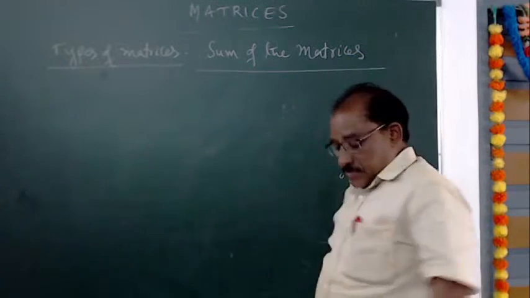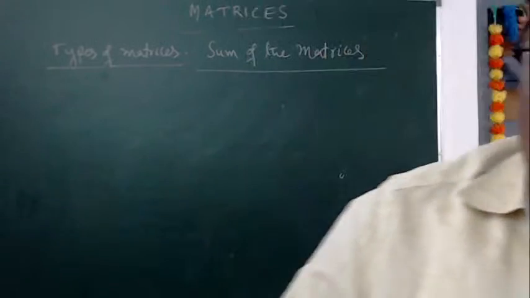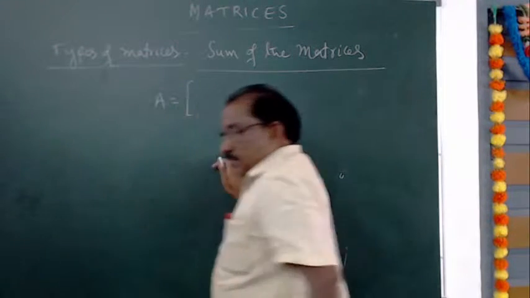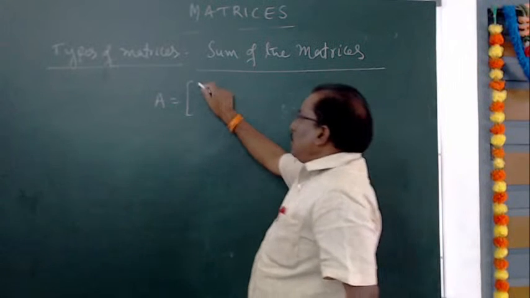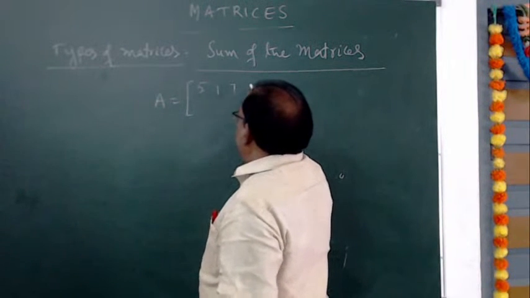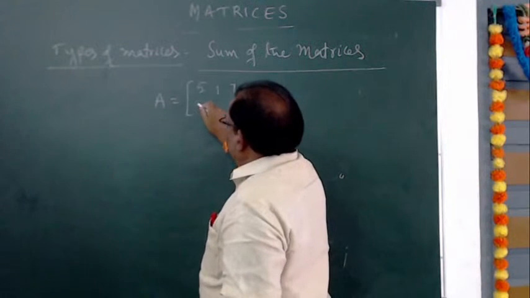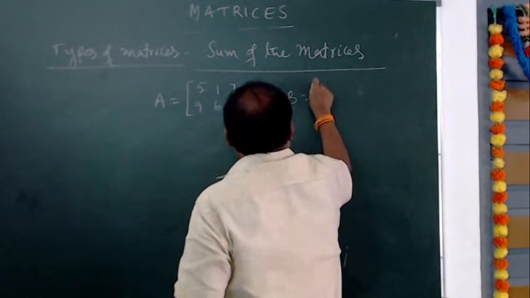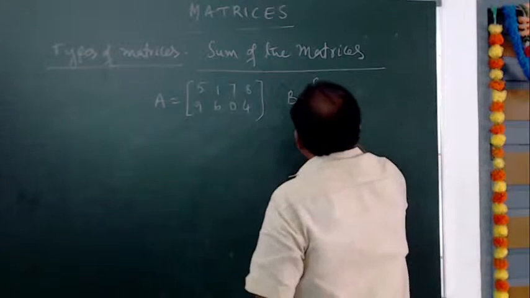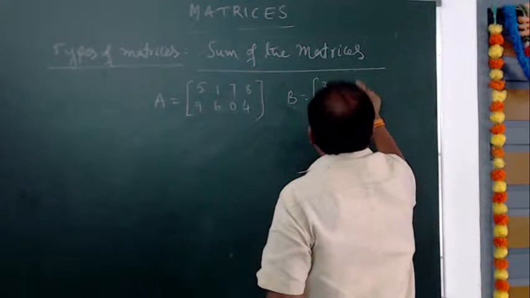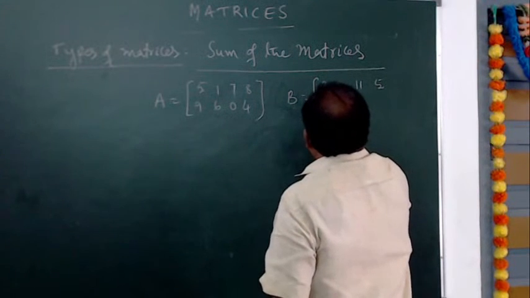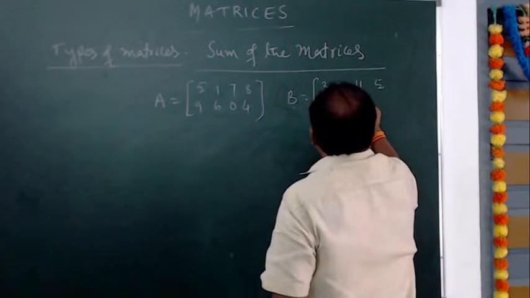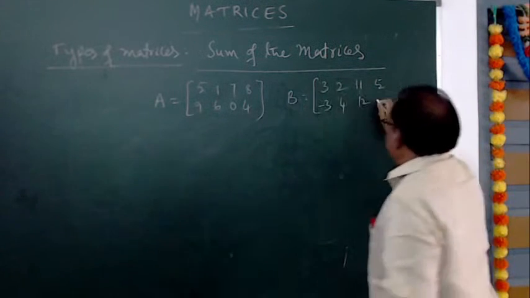Sum of the matrices. Suppose, take this example, matrix A is equal to 5, 1, 7, 8 and 9, 6, 0, 4 and B is equal to 3, 2, 11, 5 and minus 3, 4, 12, 1.